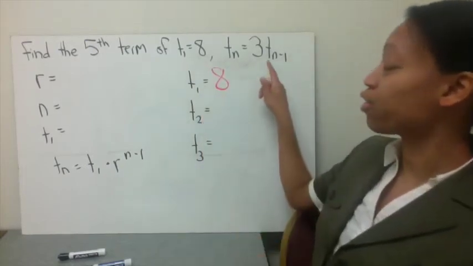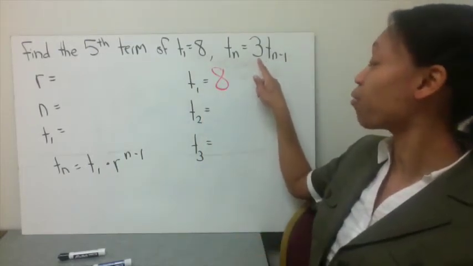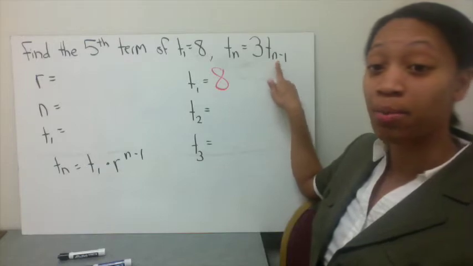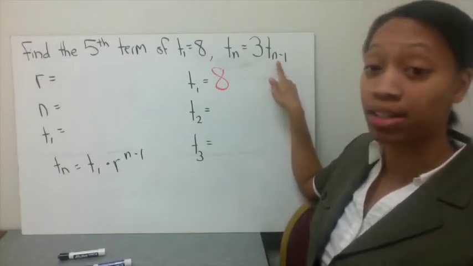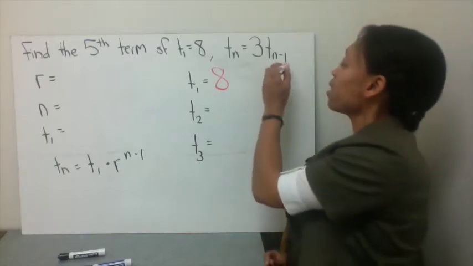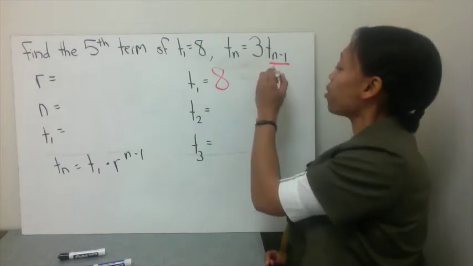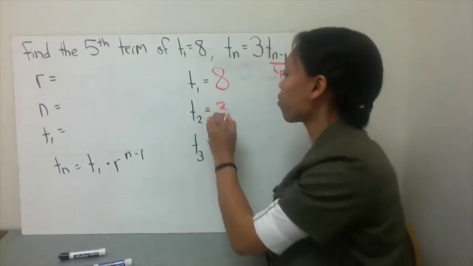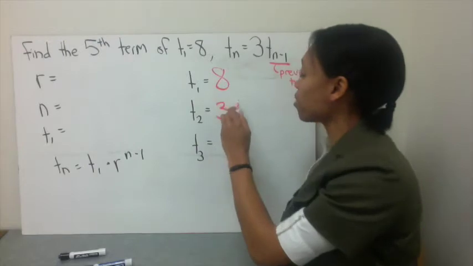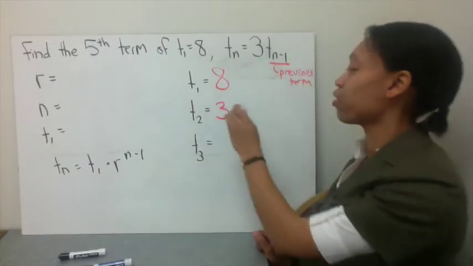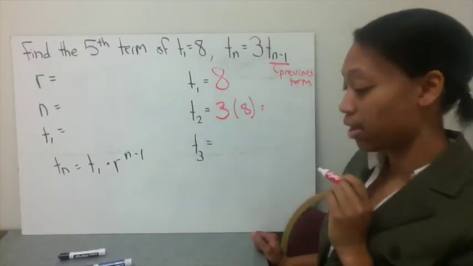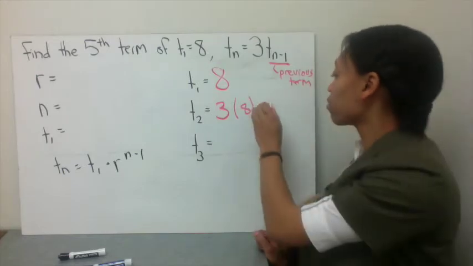To find the next term of the sequence, we multiply by 3. This n minus 1 tells us that it's the previous term in the sequence. So we have 3 times the previous term, and the previous term is 8. That gives us 24.